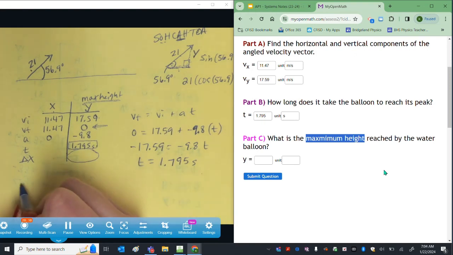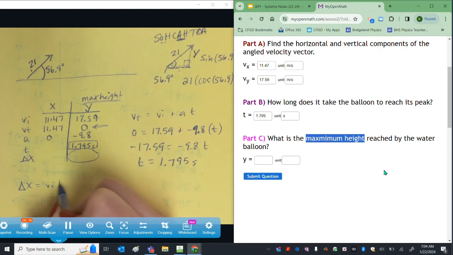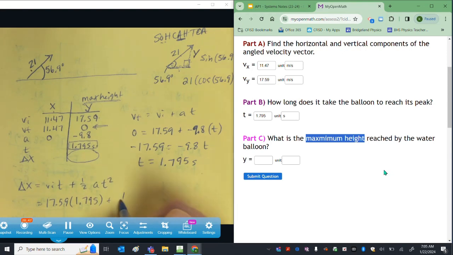It doesn't really matter. Delta x equals VIT plus 1/2 AT squared, where I have VI is 17.59, my time is 1.795, plus 1/2 times negative 9.8 times 1.795 squared. So that would be my setup here.